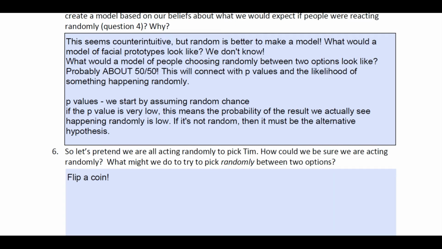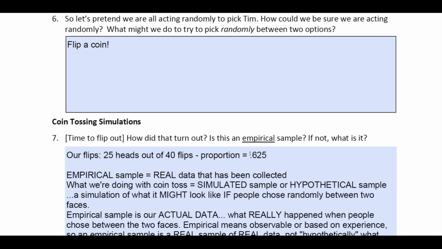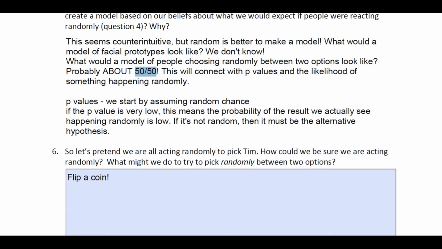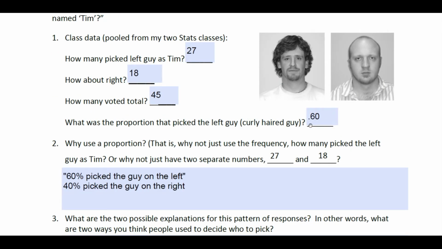In this case, we didn't get 50-50. We got 62.5 versus 38.5. That's a ways off from 50-50. So that tells me, well, maybe this 60%, even though it's not 50-50, maybe people are really choosing at random, because we could see 60% at random, right? We had even more than that when we just flipped pennies.